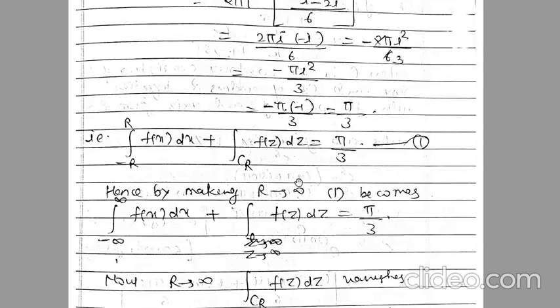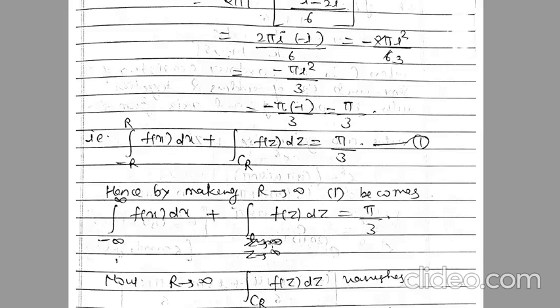So you will write 0 here, and you will get your answer for the integral from minus infinity to infinity of f(x) dx. And what you are getting will be the value of the contour integral, right? In each and every question you have to follow the same process, nothing will be changed.